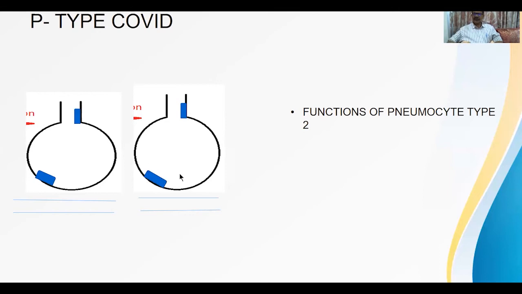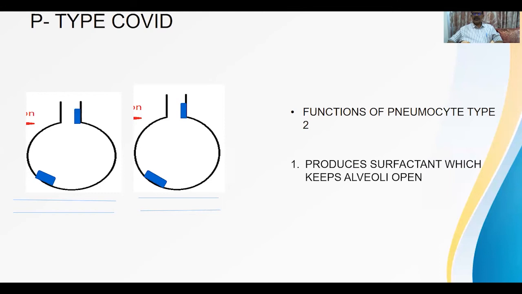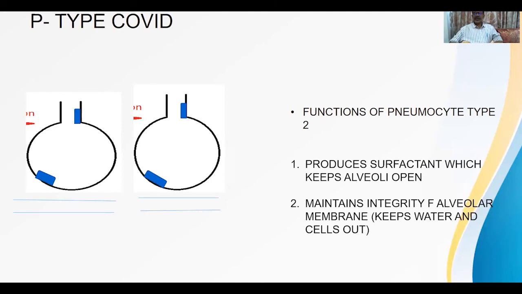What are the functions of pneumocyte type 2? Mainly it produces surfactant, which keeps the alveolus open. This is a well-known fact in preterm babies with RDS, that when pneumocyte type 2 is not functioning well, they go for collapse of the alveolus. The next function is maintaining integrity of the alveolar membrane.